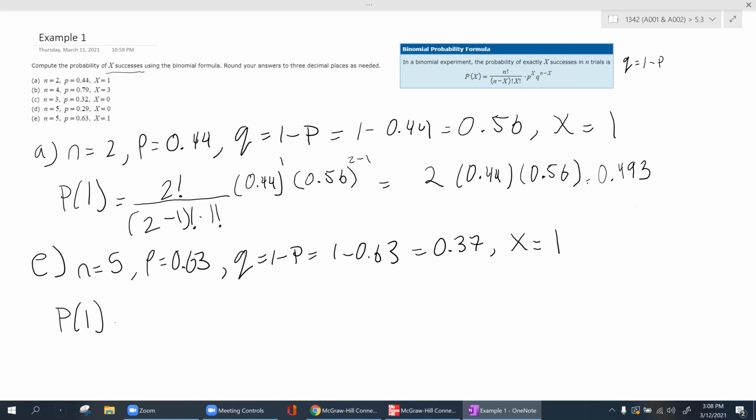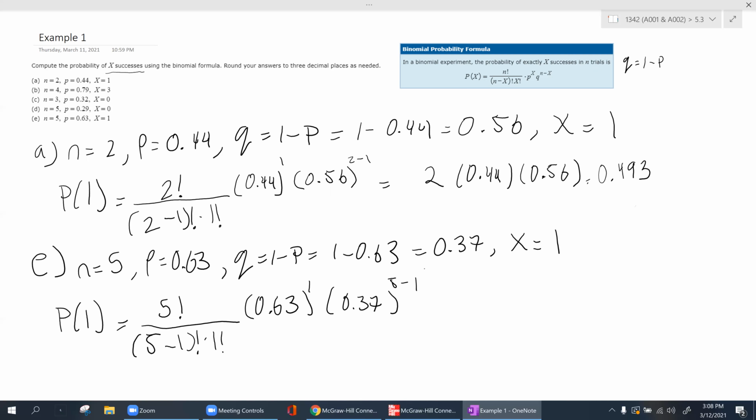So the probability of 1 success for this would be 5 factorial over 5 minus X, my X here is 1, factorial times 1 factorial, times P. My P is 0.63 raised to the X, my X is 1, times Q, which is 0.37 raised to the N minus X, or 5 minus 1.